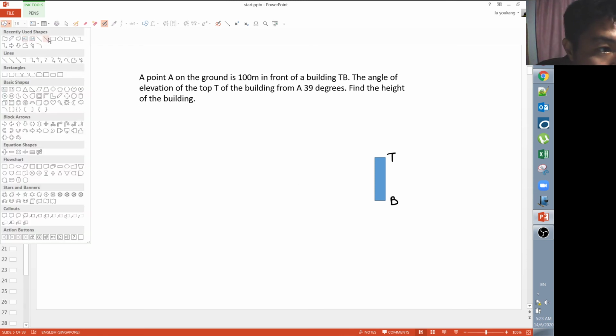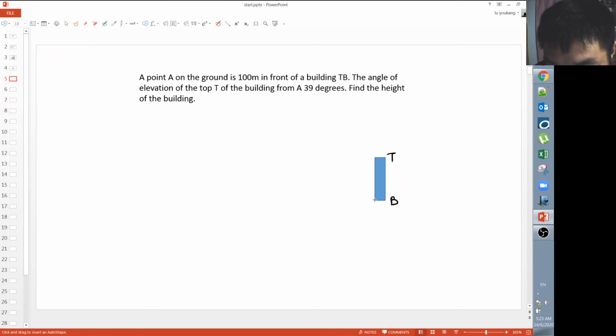In front means here, right? So your point A should be somewhere here, 100 meters in front of the building TB. And the angle of elevation of the top T of the building from A is 39 degrees.